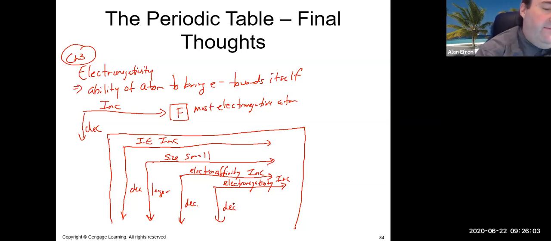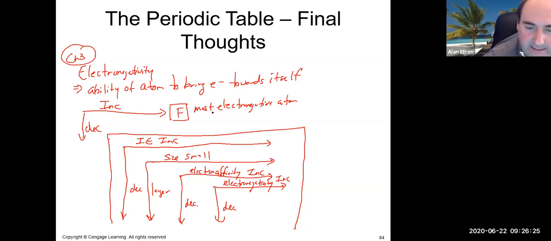Electronegativity, again, is the ability of an atom to bring electrons towards itself. It is actually different than electron affinity, which is the energy change that occurs within an atom when it gains an electron. But what all these things tell us is that as we go up and to the right on the periodic table, those are atoms that are smaller, they hold on to their electrons, and they want to gain electrons.